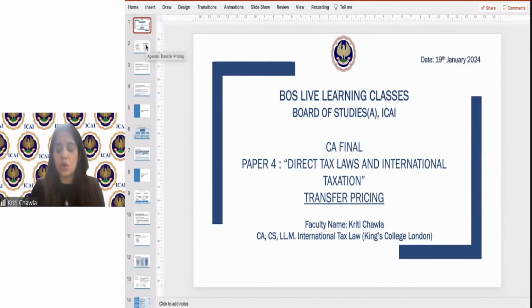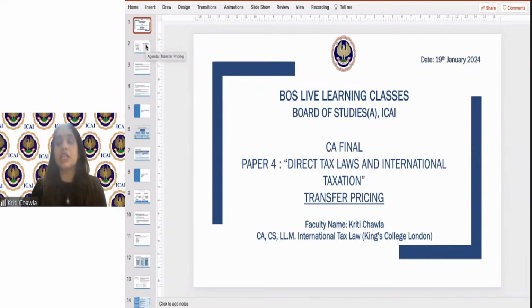Also, we discussed the meaning of associated enterprises. It was provided in section 92A, subsection 1 and subsection 2. And after that, we discussed the concept of international transaction. So the point is that the moment you know there are two entities and they are associated to each other, you have to find that out by virtue of section 92A. Then the second step is to find out whether there is an international transaction or not.